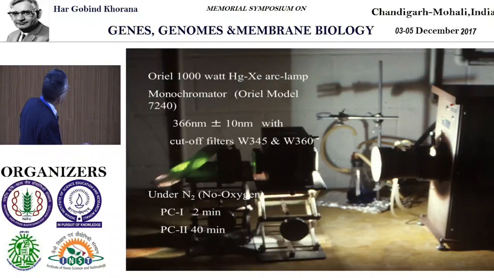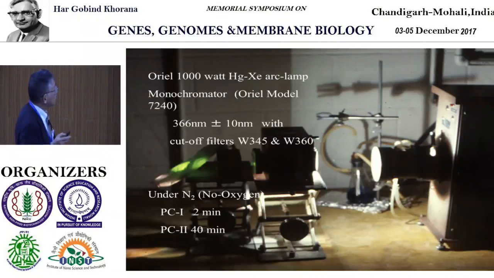The sample is in a cuvette here, the light passes through, but the sample is covered with a water jacket to cool it down, and also the sample was under strict nitrogen.